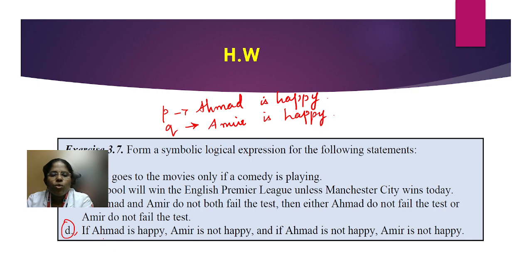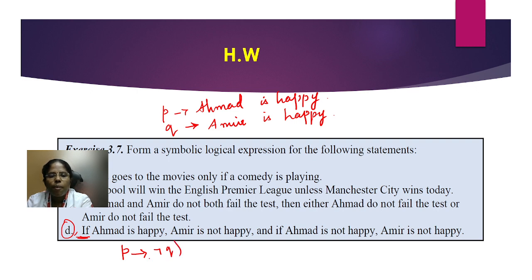So in the statement Ahmad is happy, we can take it as P, and they are using if then. Amir is not happy. If Ahmad is happy, Amir is not happy. Amir is not happy means we need to use the negation.